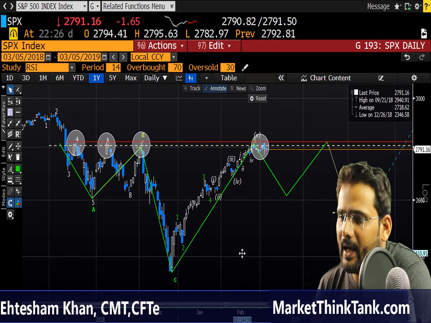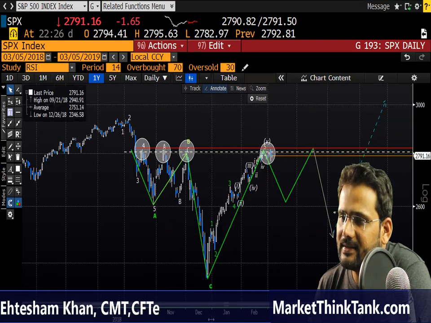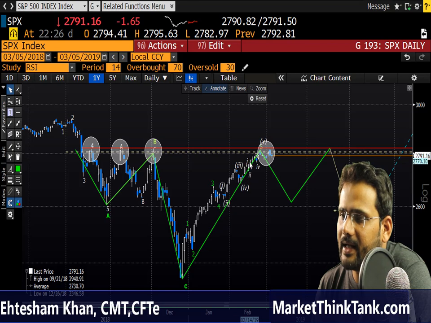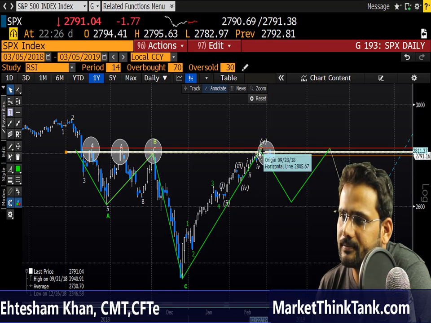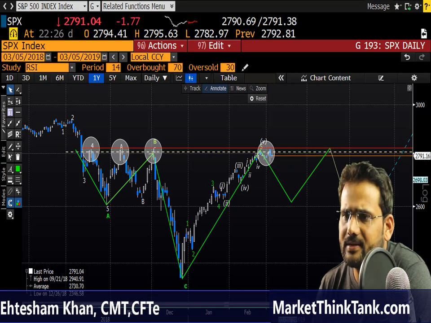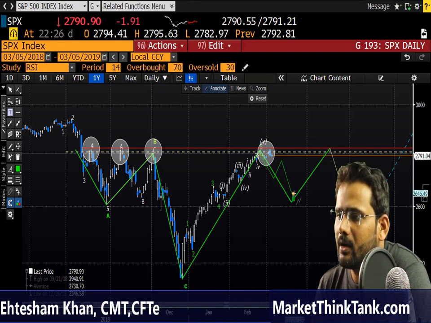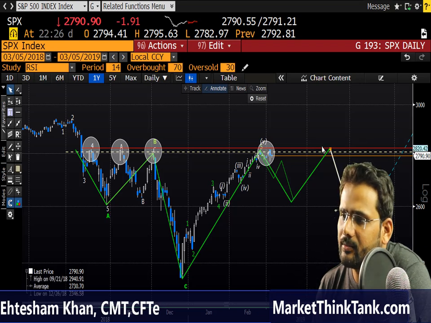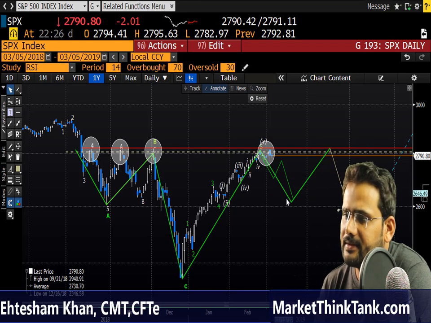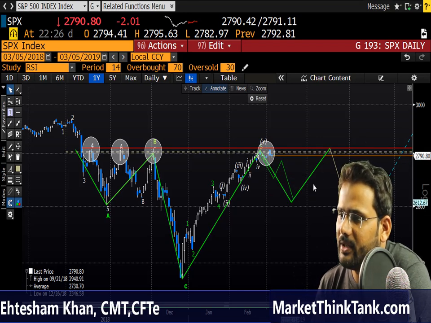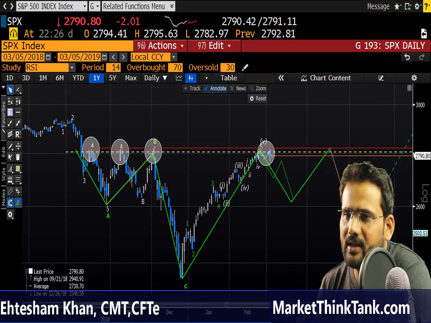So what I can expect from here onward is that we will get a correction, a counter trend of this current upward move in ABC structure, something like this: A, B, C, and then we will get another move up, or otherwise we can get a downward correction in wave A, then wave B, and then C will complete here.